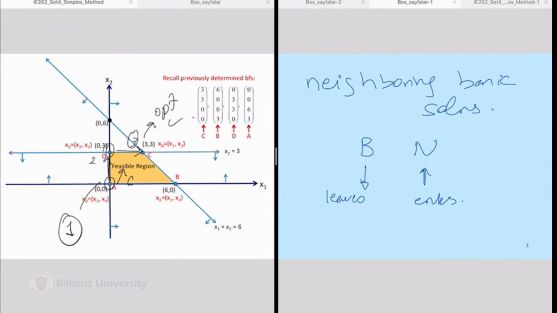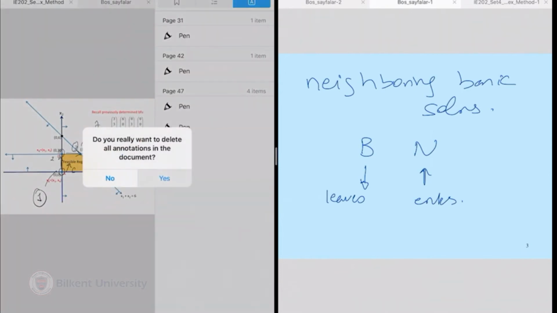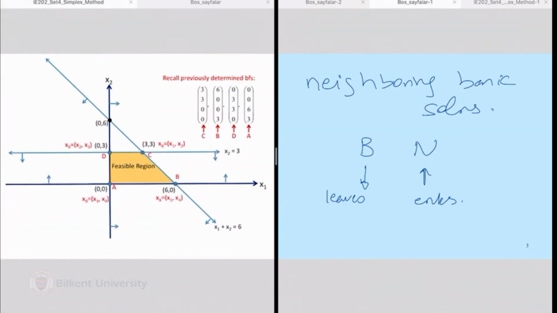Okay? So if we go back to over here, A and D are neighbors, right? If I look at the set of basic variables in D, they're x2 and x3. If I look at the set of basic variables in A, they're x3 and x4.